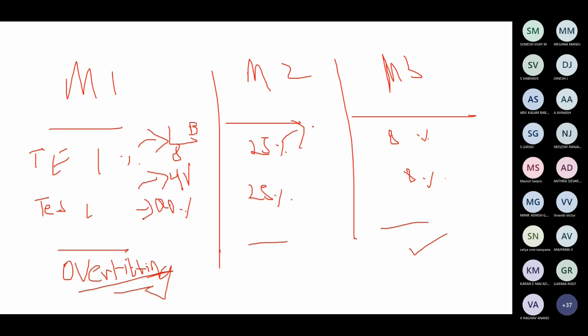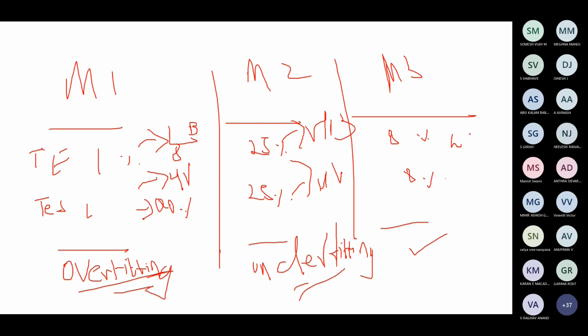The training error is high, so high bias, and the testing error is also high, high variance. So this is an example of underfitting. But in model 3, the training error is low and the testing error is also low: low bias and low variance. Clear, students? Is it clear?